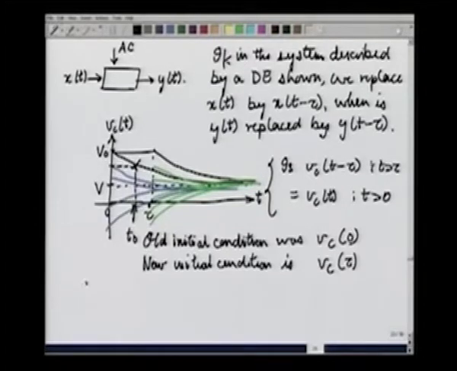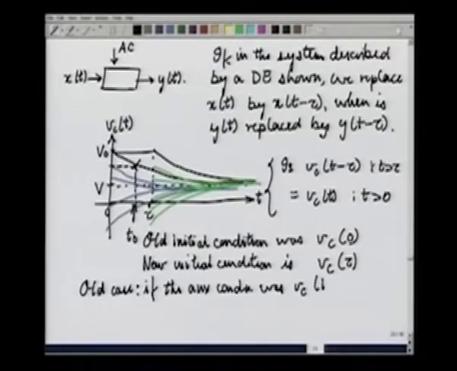So, for the old case, if the aux condition was Vc at t0 instead of Vc of 0, what should it be in the new case?